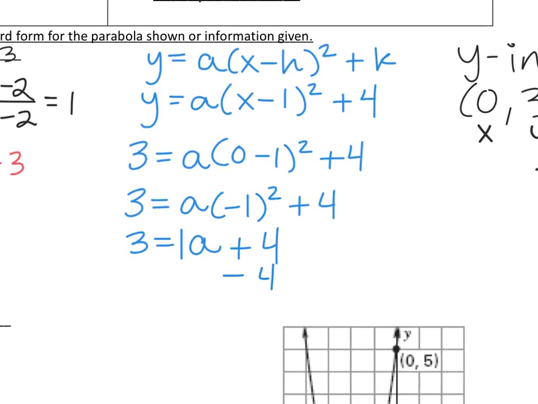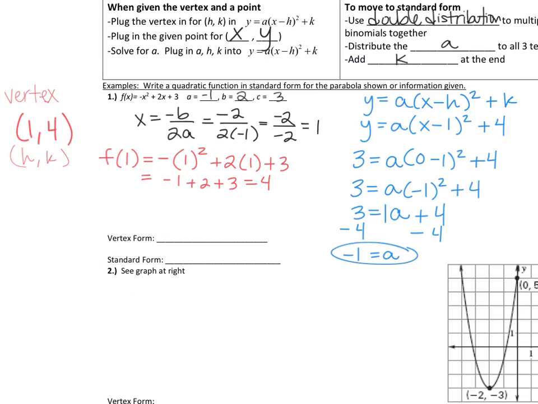So if we subtract 4, we get negative 1 to be a, which does match up with what we had originally. So we've got y is equal to negative 1 times (x minus 1) squared plus 4. And then the standard form we already had.